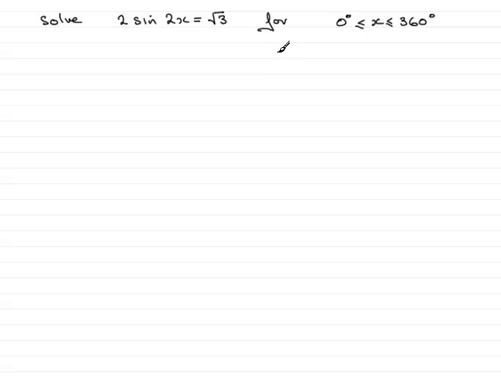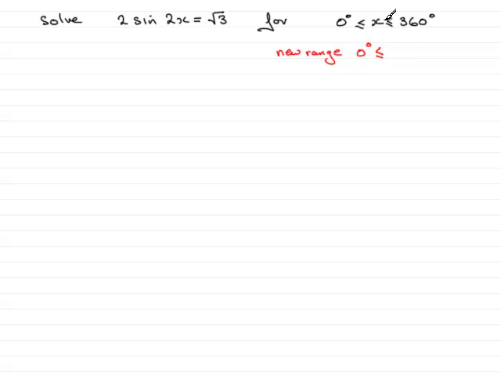So what we need to do is create a new range. Because I am doubling x, I need to double each of these intervals through this inequality. First of all, I need to double the 0 degrees by doing 2 times 0 degrees. It doesn't seem to change it, so we just put 0 degrees there, but at least I've thought about multiplying that by 2.